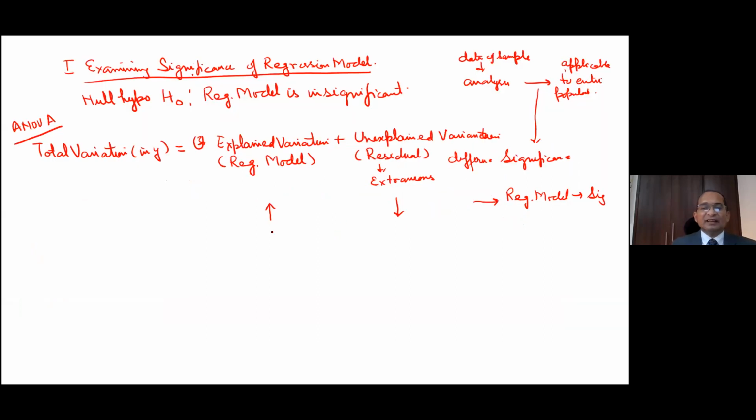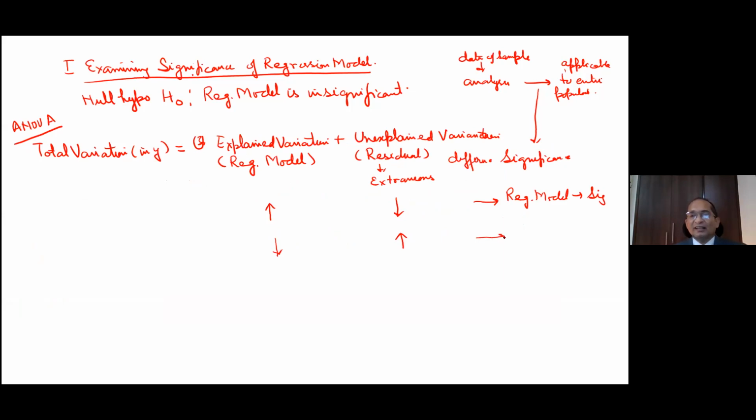In the same manner, if unexplained variation is high, it means the variation is primarily because of some extraneous factor, and the reason for the variation is beyond the model.